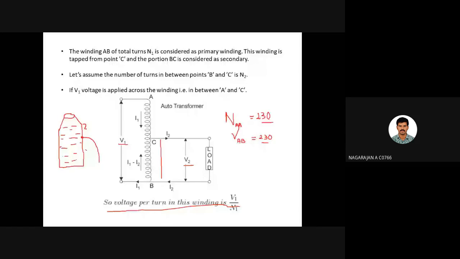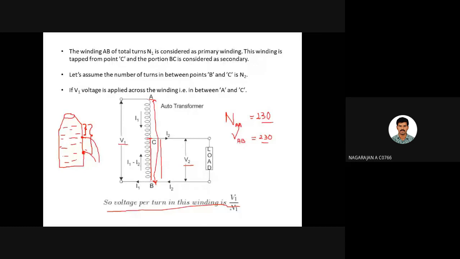Similarly, you have a full voltage from this point to this point, out of which you are selecting only this portion, from this to this. Similarly here, you will be getting water up to this portion only. If you make a hole at the bottom of the bottle, you will get this much amount of water.